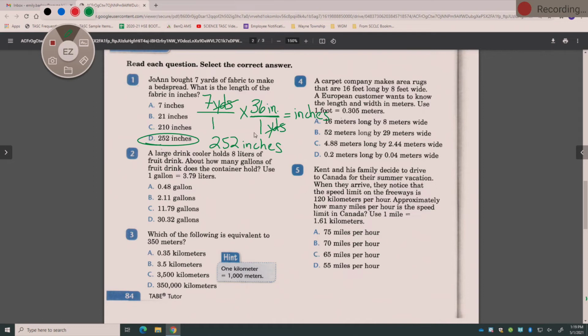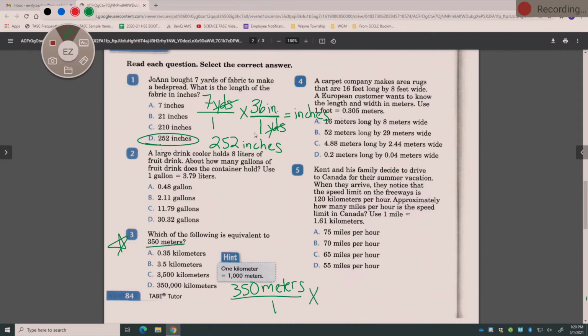Number 3, which of the following is equivalent to 350 meters? So I'm trying to figure out how many kilometers is equal to 350 meters. Well, I start with 350 meters over 1.